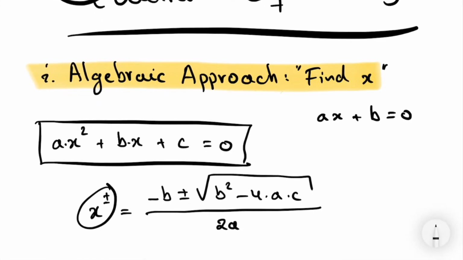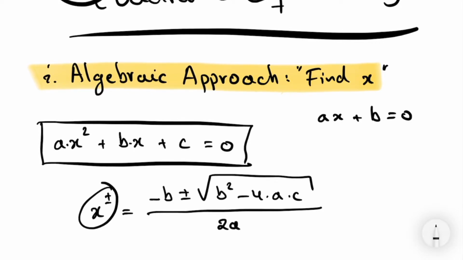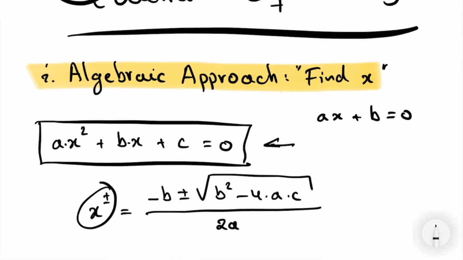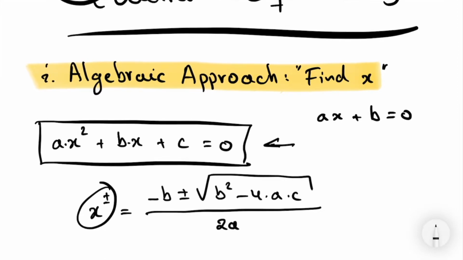You have here x plus minus, because in this case there are always two solutions, so two numbers for x such that this equation, which is written above here, is correct. Why this is, I will leave to a theory video, which I might be making in the future. But for now, it's sufficient to know that there will always be two solutions.